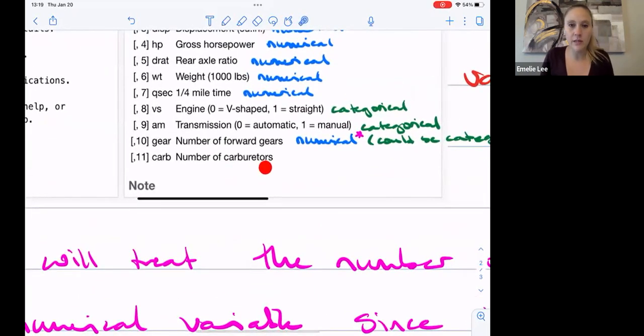The number of carburetors, I don't really know about carburetors. I know they can break, but that's about it. So the number of carburetors, I think there's probably only a certain number. And again, it could be categorical or it could be numerical. In this case, I'm probably leaning more towards categorical, right?